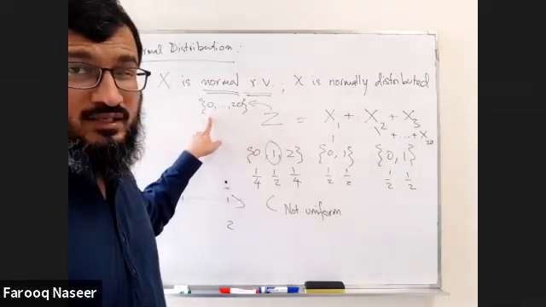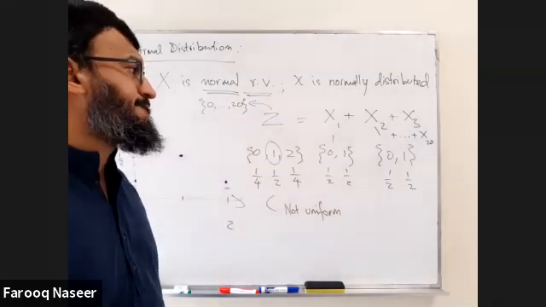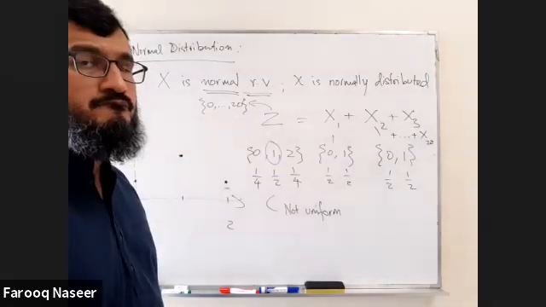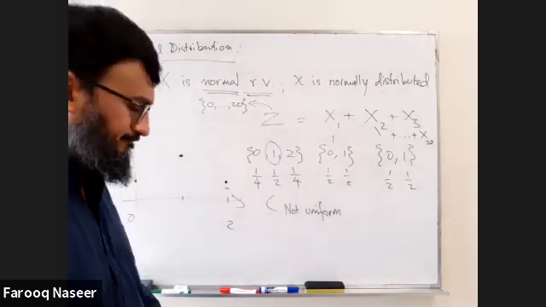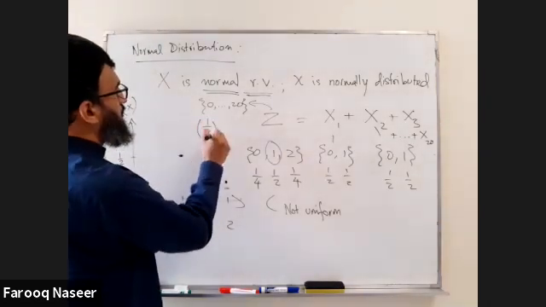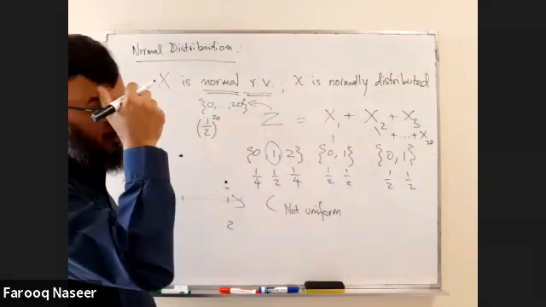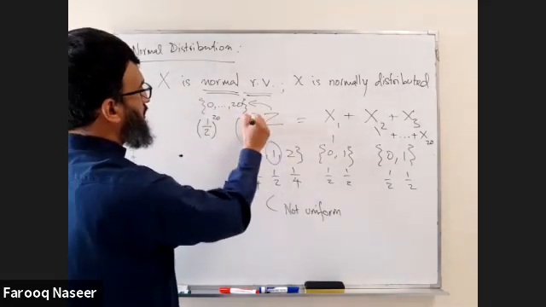What is the probability of it taking a value 0? So would it be 1 by 2 raised to power 20? Similarly, the probability that it takes the value 20 is 1 by 2 raised to the power 20.